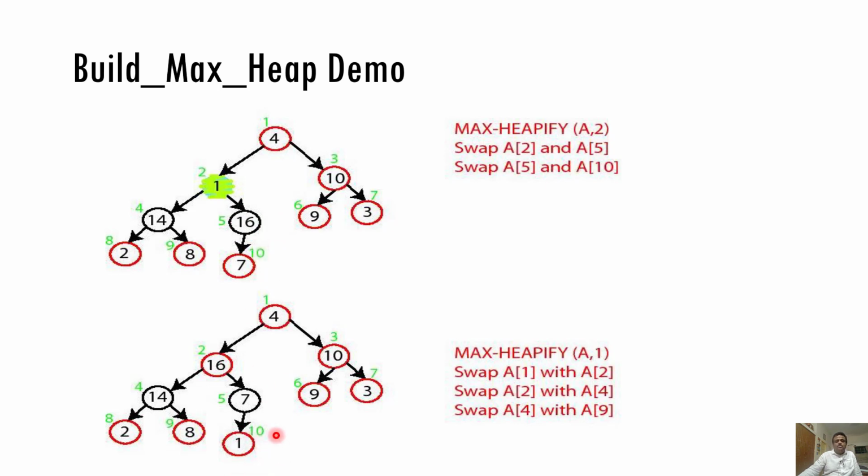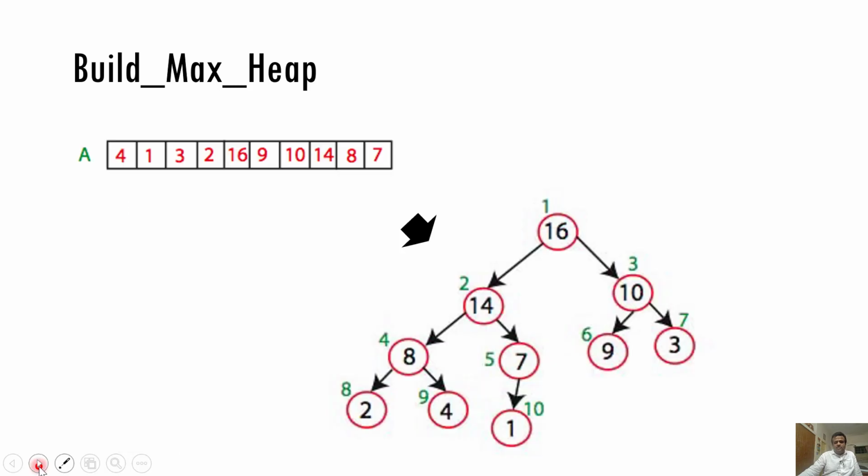That will be taken care of by the maxipify call of this node. So, this way we continue, and finally we have a max-heap array. So, again we call this on the root, and then finally we have a max-heap array. So, this is a max-heap array.